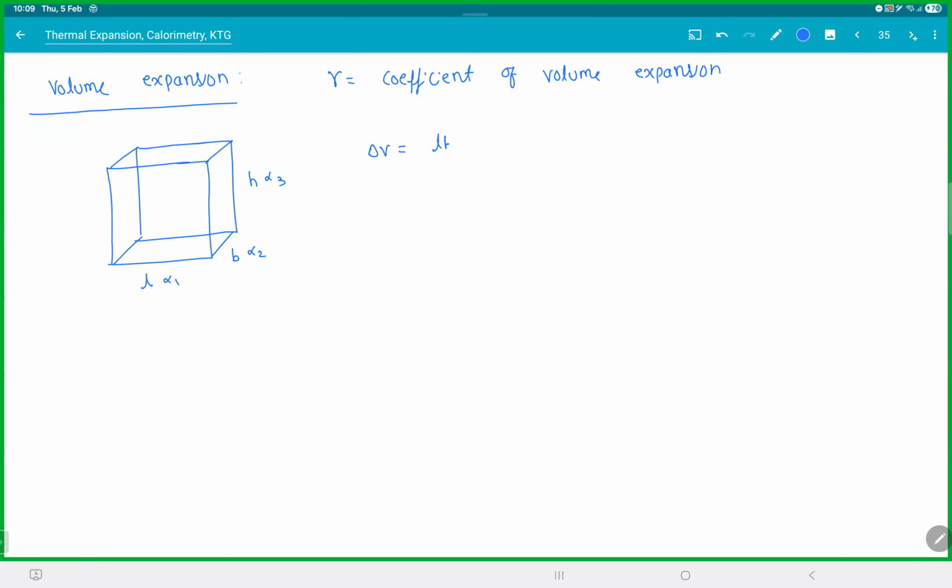Delta V will be LBH, 1 plus alpha 1 delta T, 1 plus alpha 2 delta T, 1 plus alpha 3 delta T minus LBH. So we get delta V is equal to V into alpha 1 plus alpha 2 plus alpha 3 into delta T. We neglect all the higher powers.